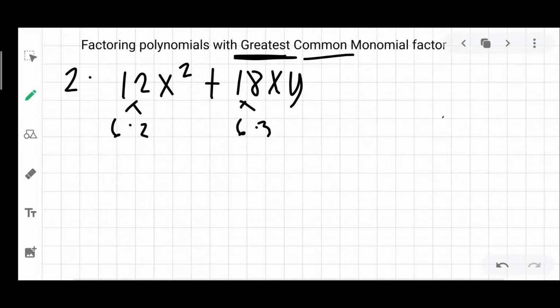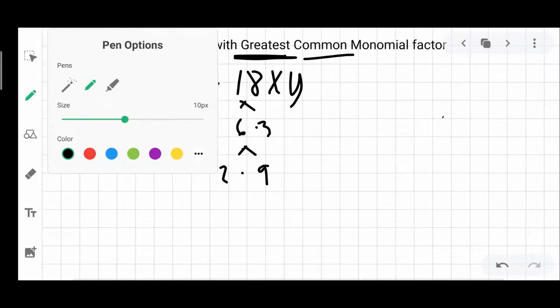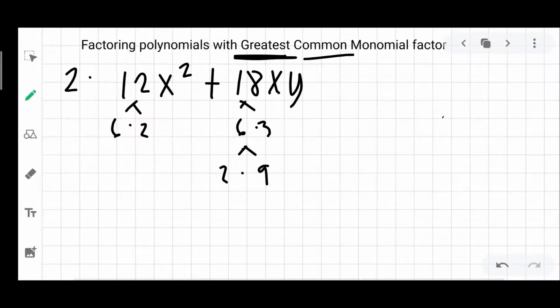So you might be wondering, bakit hindi ko na lang pinili na 2 times 9? It is because kapag 2 times 9 ang pinili ko, ang pinaka-common factor nila is 2 lang, which is mababa, di ba? Why not choose 6 times 3 instead? Bakit? Kasi mas malaki yung 6, yung pinagkaparehas nila.